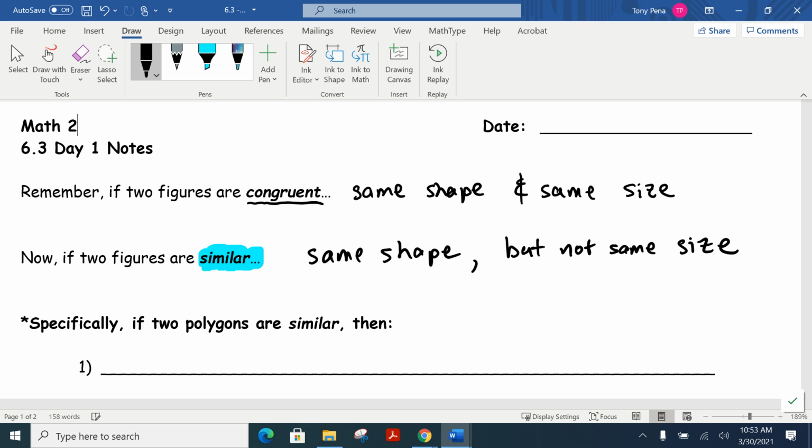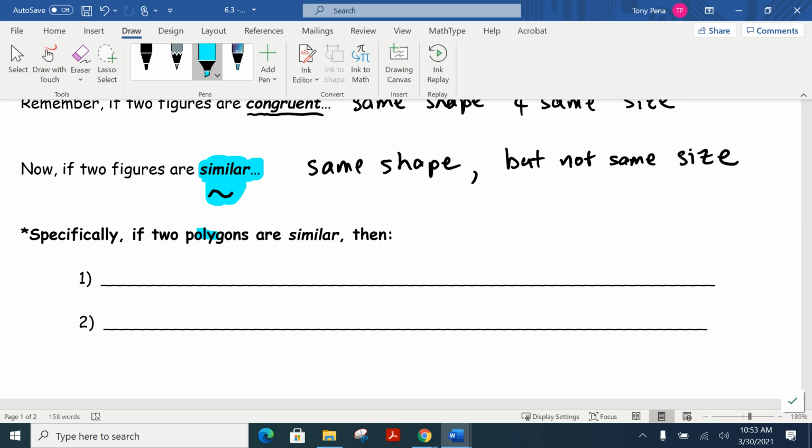Similar means something a little different than congruent, so just be aware of that. For congruent, we use this symbol to represent congruent, so that should be familiar to us. The symbol for similar is just the little squiggly. So instead of the squiggly with the equal sign underneath it, we just do the little squiggly. Whenever you see this, it means that they are similar figures, okay?